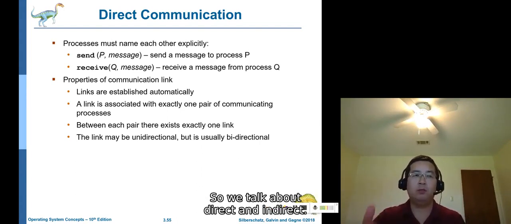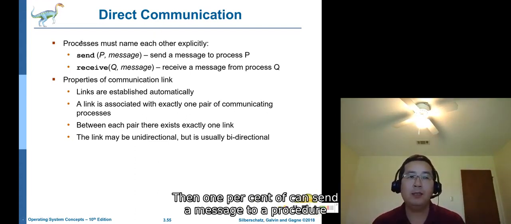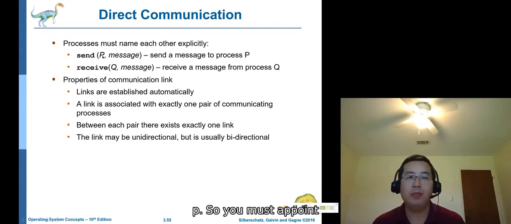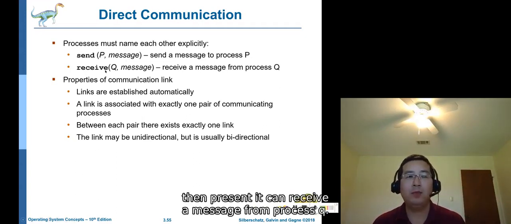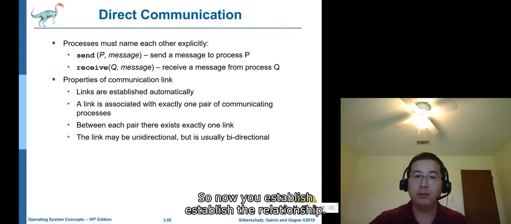So we talk about direct and indirect. For direct, you can find it here. For example, one process can send a message to a process P. So you must point out which process you want to send to, P, and which message. And then a process can receive a message from process Q. So now you establish the relationship.